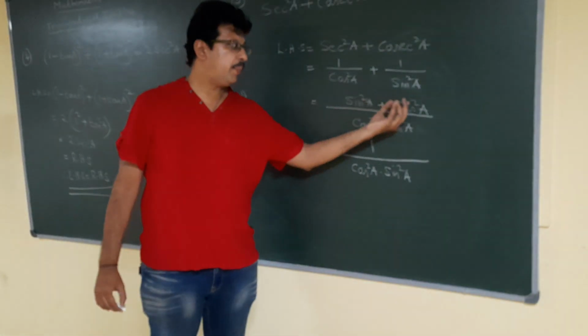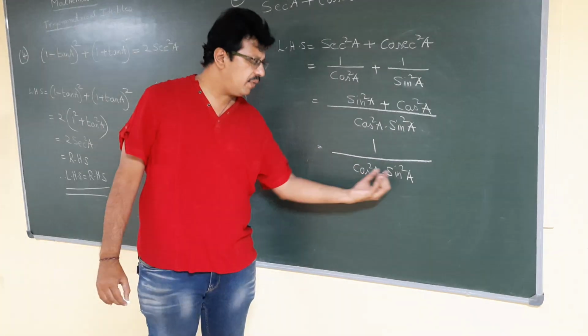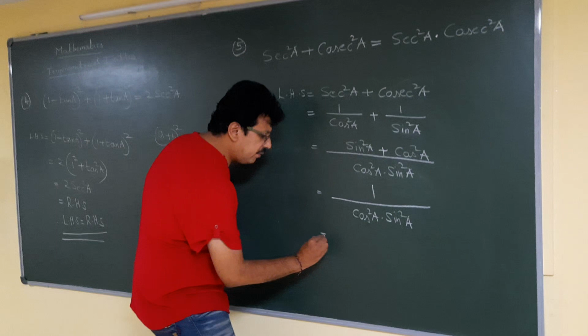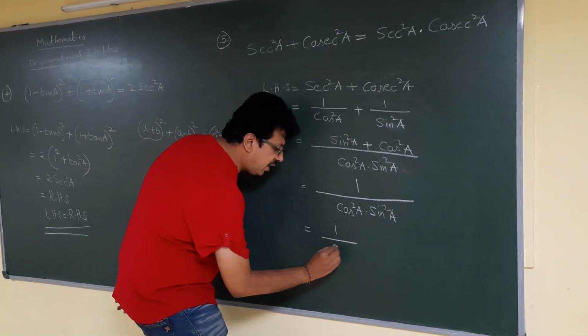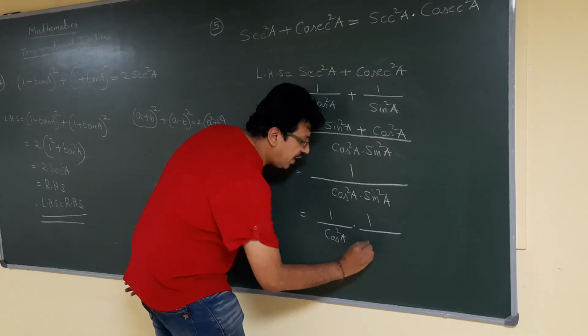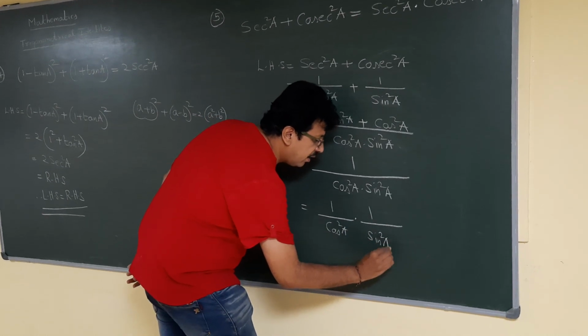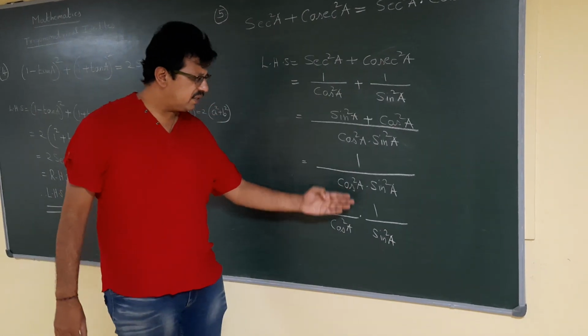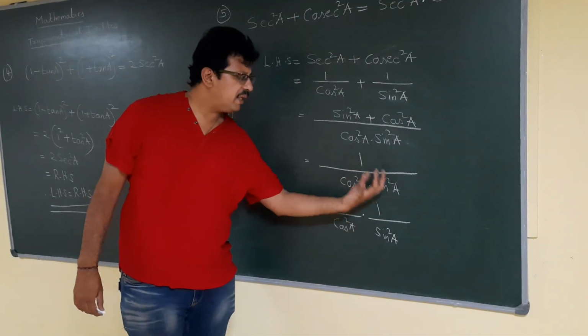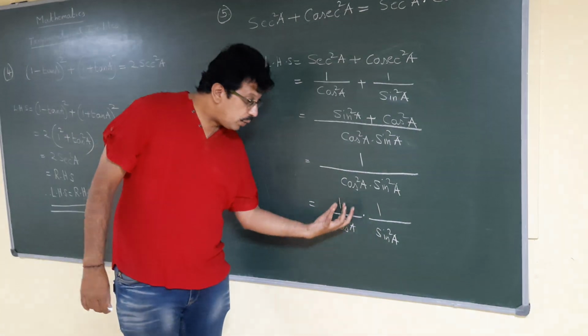Sin square a plus cos square a is 1, and the denominator we write as it is: 1 by cos square a into sin square a. This can also be split like 1 by cos square a into 1 by sin square a. Both are the same only, I have just written it by splitting. 1 by cos square a into 1 by sin square a. What is 1 by cos square a?